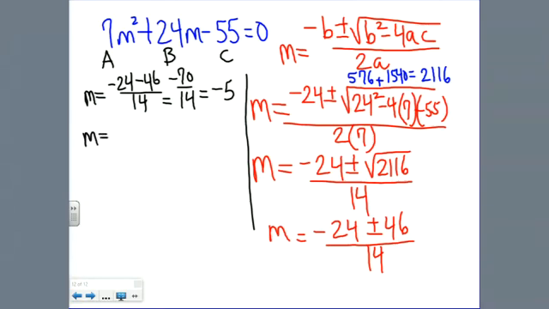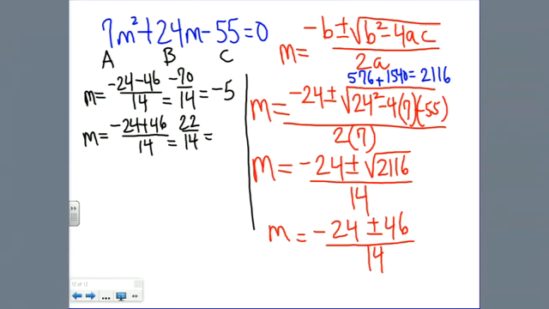And our second answer is negative 24 plus 46 all over 14, and that is 22 over 14.